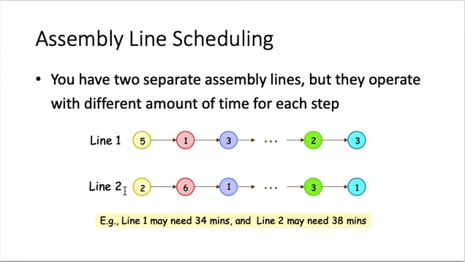And for the second line, maybe the first step, it takes 2 units of time, and then the next one, it takes 6 units of time, and so on and so forth. So by using different line, the total time to finish the assembly process may be different. Let's say line 1, it may need 34 minutes, and line 2, it may need 38 minutes.